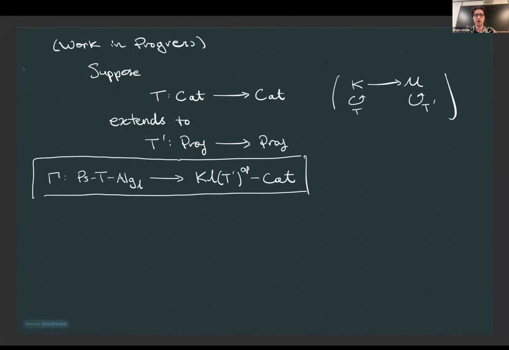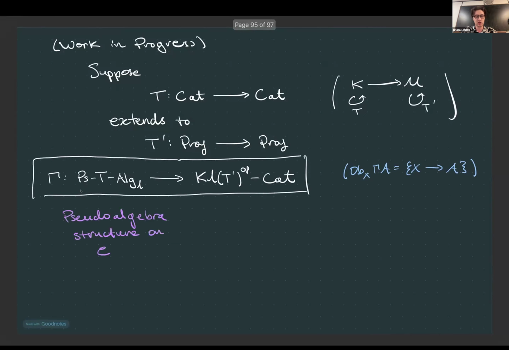Then I can look at categories enriched in the opposite of the Kleisli bicategory of the extended pseudomonad, and then construct a two-functor from pseudo-T algebras with lax morphisms into this thing. And again, with the same idea that the objects over a category X are arrows from X into the algebra.